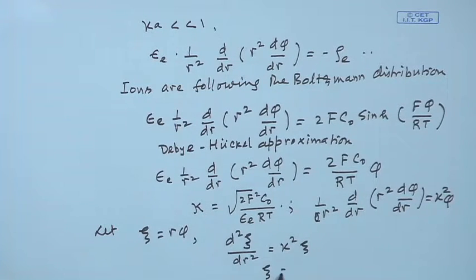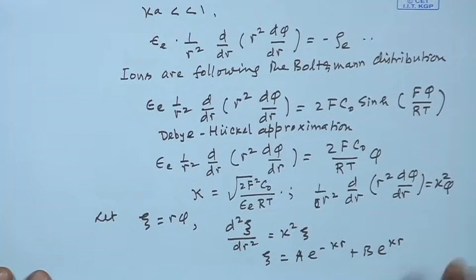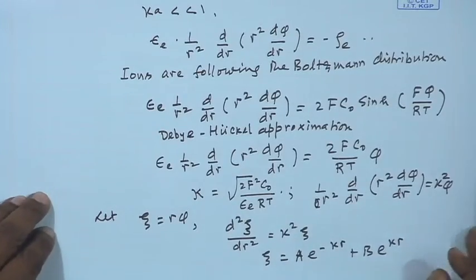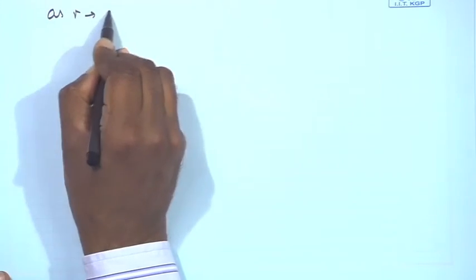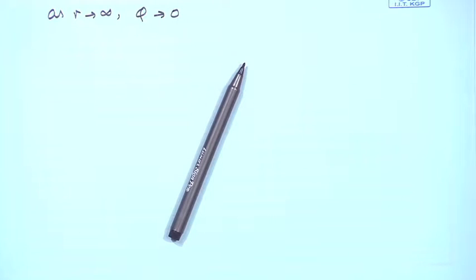We can write j equal to a e to the power minus kappa r plus b e to the power kappa r. Now, what are the boundary conditions? As r tends to infinity, phi tends to 0. Here phi is the equilibrium double layer potential.